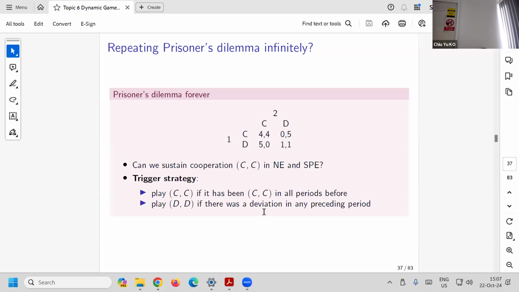So how can we sustain collaboration? We make this smaller, because we control this, right? Our agreement is endogenous. We make it smaller so that the gain you can get is not that high, and then you can sustain collaboration. And by making this smaller, this is also smaller, so making both of them smaller, we can sustain.